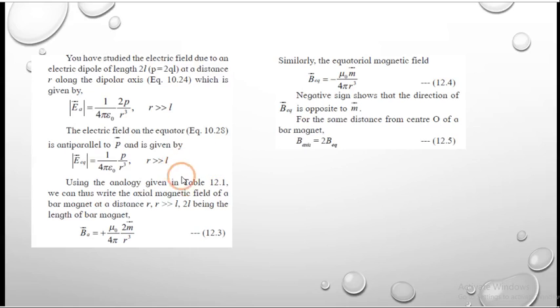Again here we are with the same equations: one is mu naught upon 4 pi, 2m upon R cube, and the other is minus mu naught upon 4 pi, m upon R cube. So B axial and B equatorial have the relation B axial is equal to 2 into B equatorial.